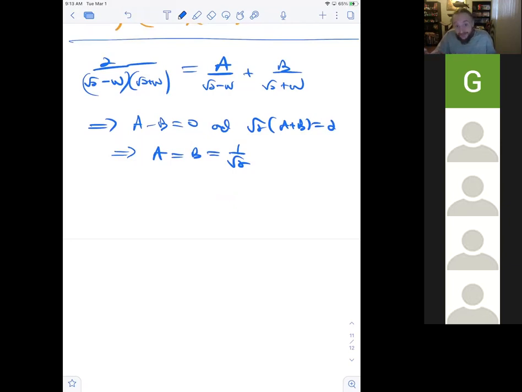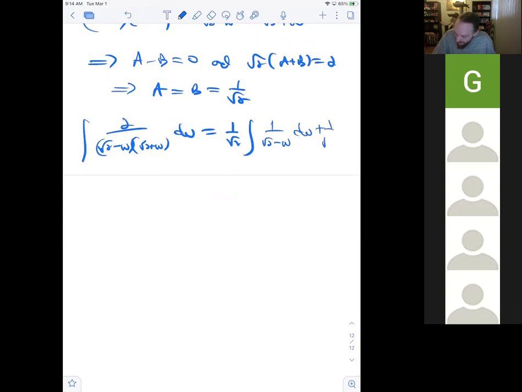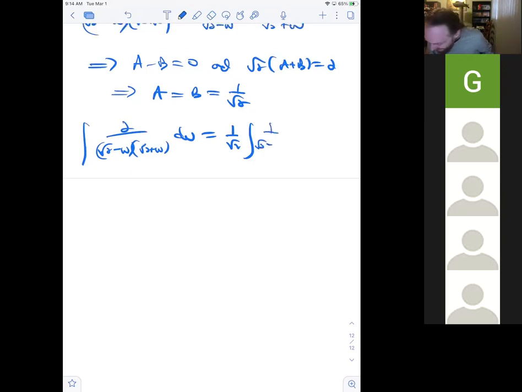I make my guesses, I find my values, and this says that the integral of 2 over root 2 minus w times root 2 plus w dw is equal to 1 over root 2 times the integral of 1 over root 2 minus w dw, plus 1 over root 2 times the integral of 1 over root 2 plus w dw. It factors into the two individual terms.